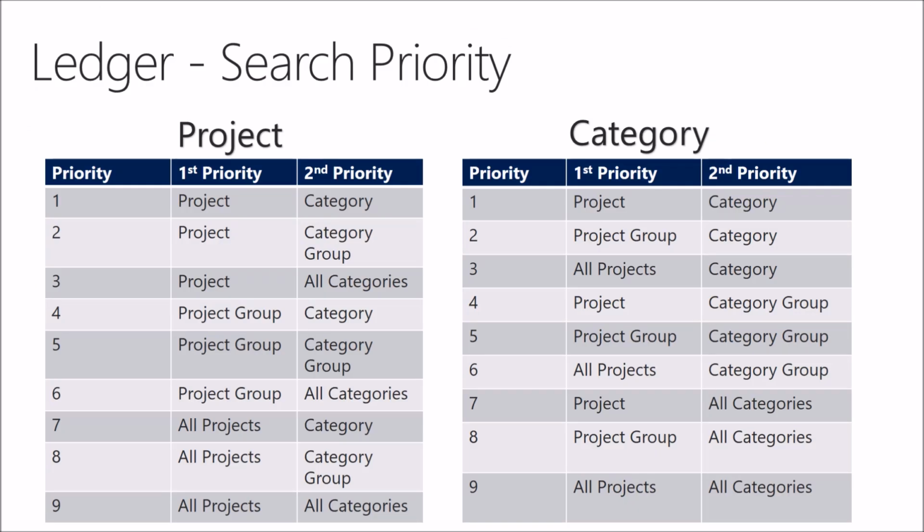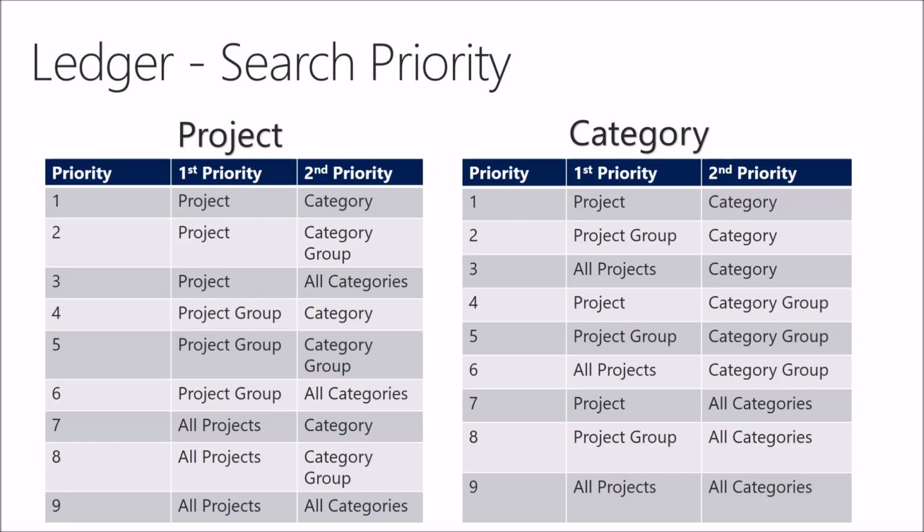So one other area that I've got tons of questions on over the years is the search priority. So basically when you define your project group, you can define a ledger search priority. And what that means is, when we were just looking at the ledger posting setup form, you can set up combinations of projects and categories at each posting type level to define what accounts to use.